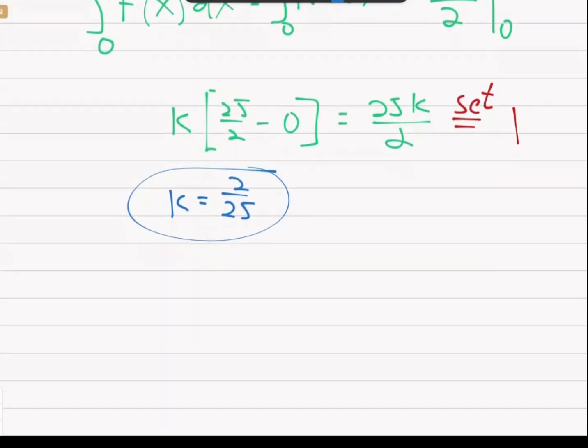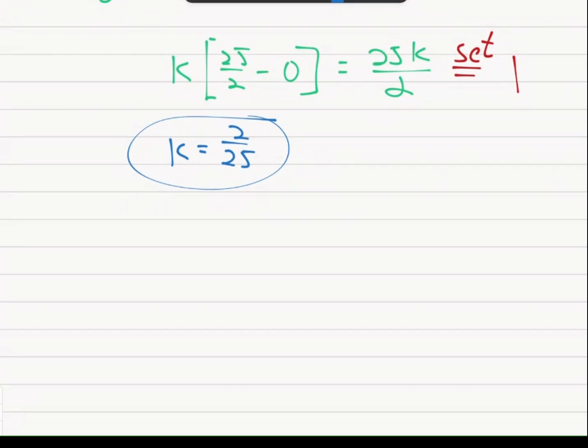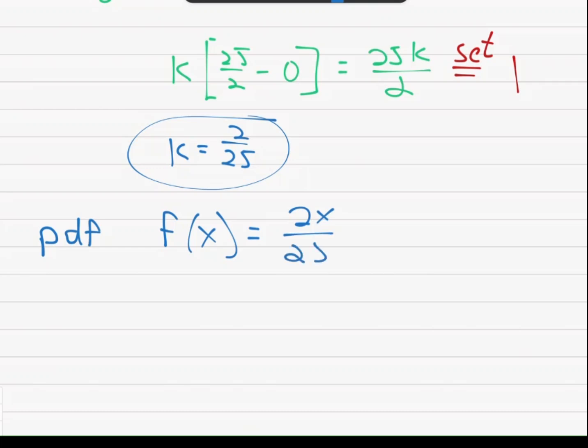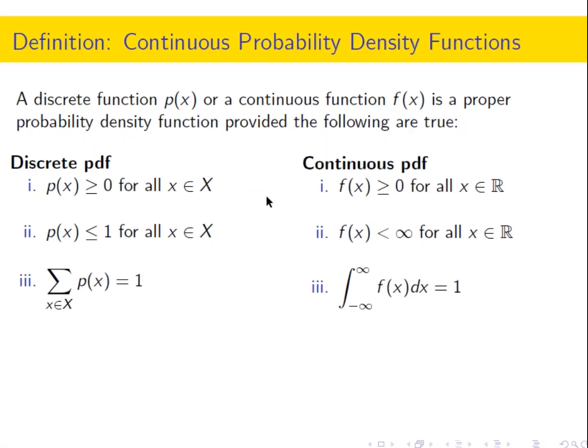All right, so now we have a probability density function. So our PDF is f of x equals 2x over 25. And that will satisfy the rules that we were given, right? If we go back up here and we look at the rules, our continuous PDF is definitely greater than or equal to 0.